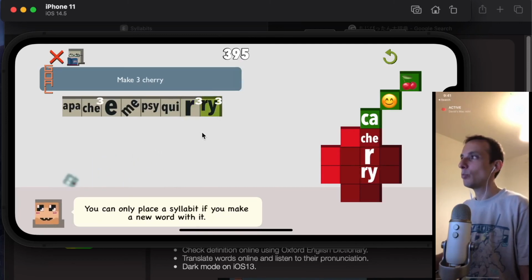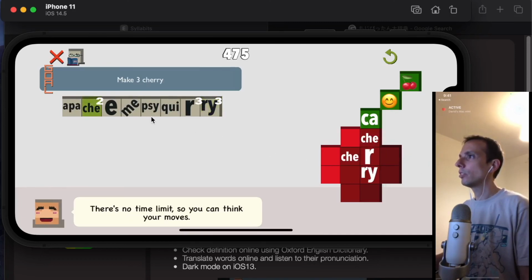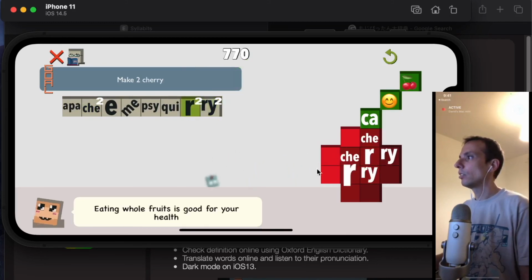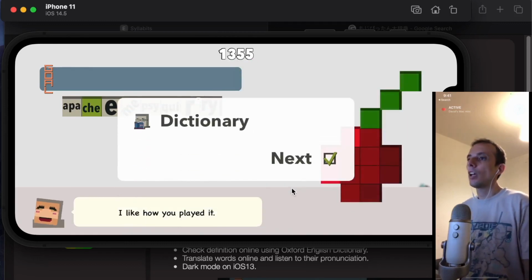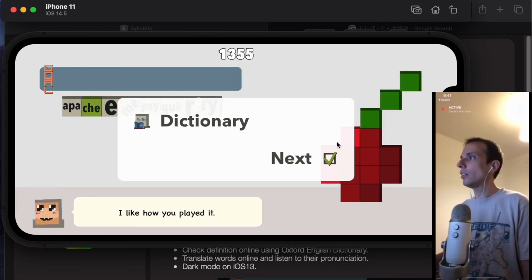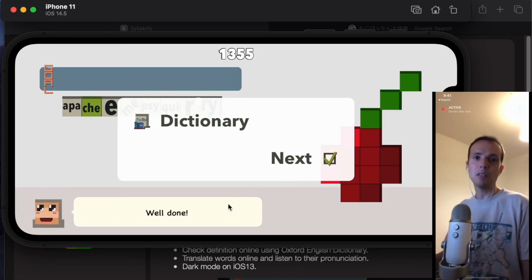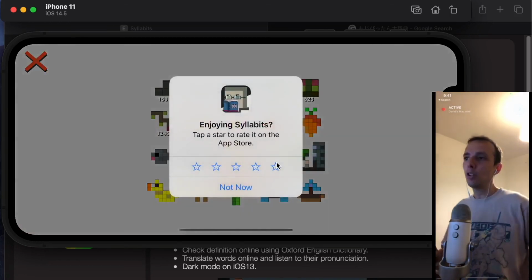Now I think I have a space for cherries. So chair, cherry, chair, cherry, and I have one more to go. Cherry. Actually, I could have also filled in the other empty spaces if I wanted more points, but well. Right. I think that's all.